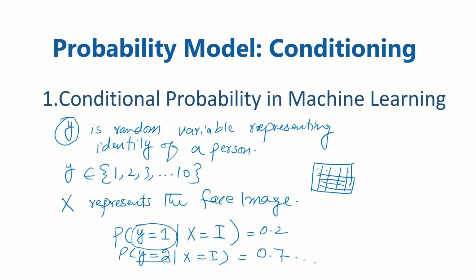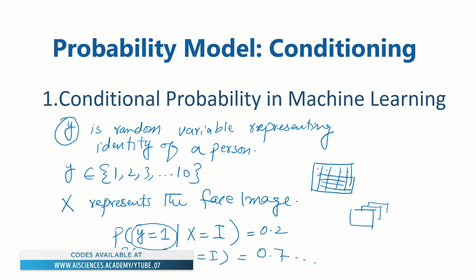Similarly, for activity recognition, you have a video. A video is just a sequence of a lot of images. You need to find out what activity is being performed in this particular video.